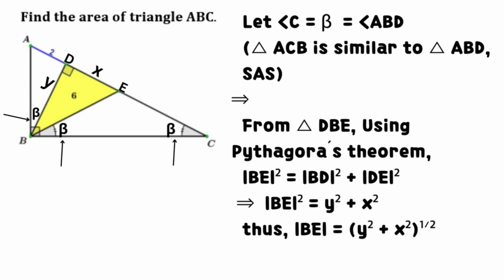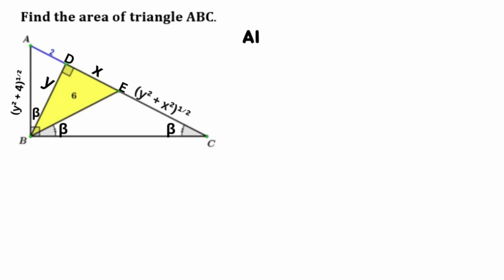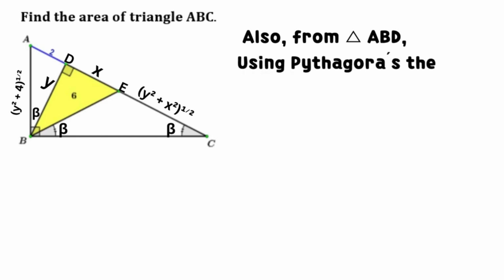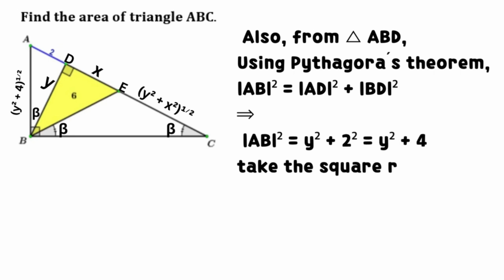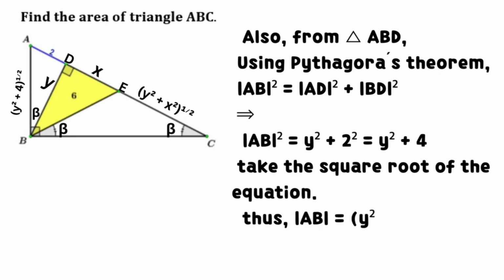Take the square root of the equation. We have that BE equals the square root of the sum of the square of y and the square of x. Also, from triangle ABD, using Pythagoras theorem, we obtained an equation for the square of AB as shown on the screen.